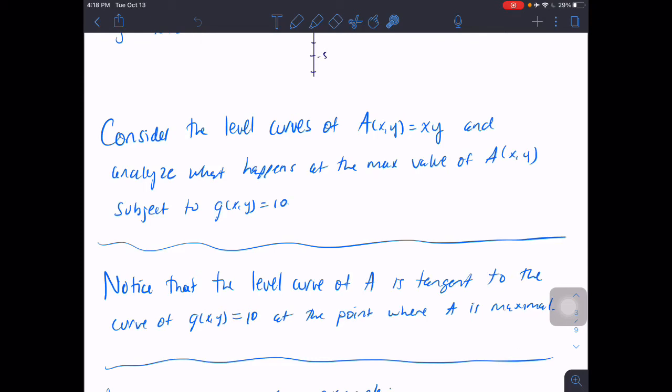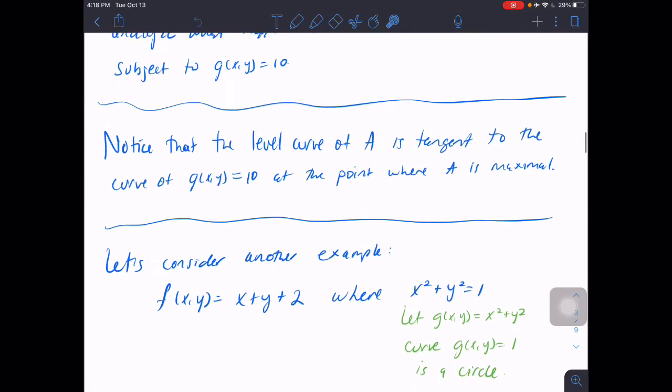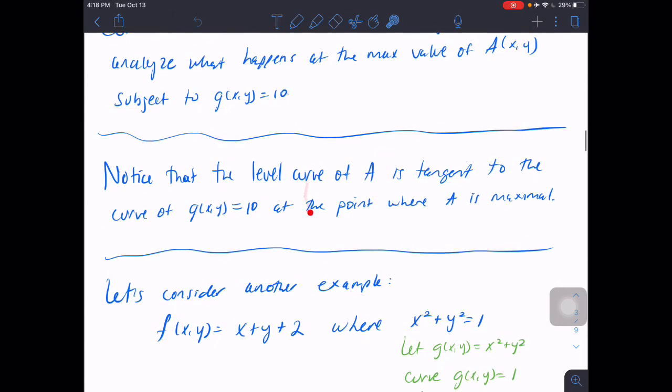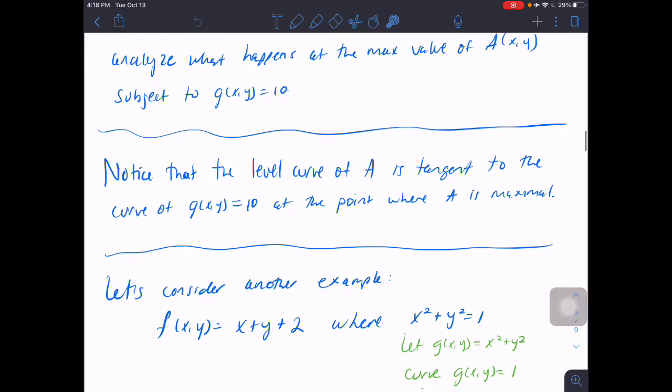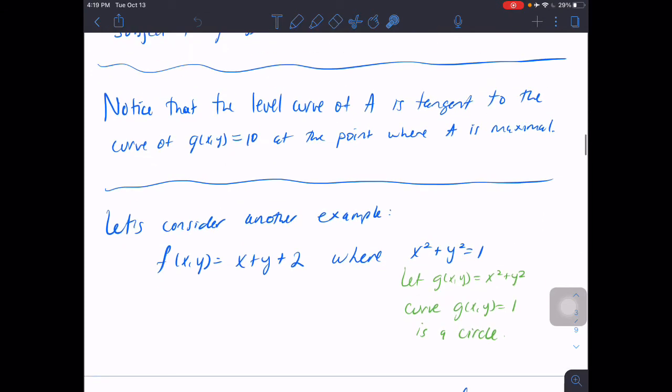Let's look at a different example and put this one on hold for now, just to see if that happens again, by looking at its level curves.